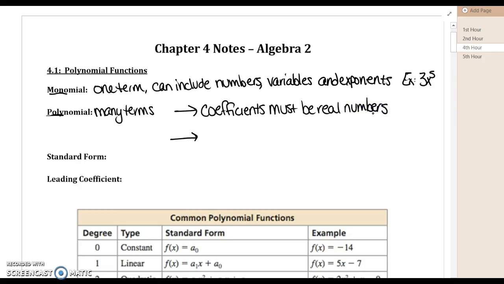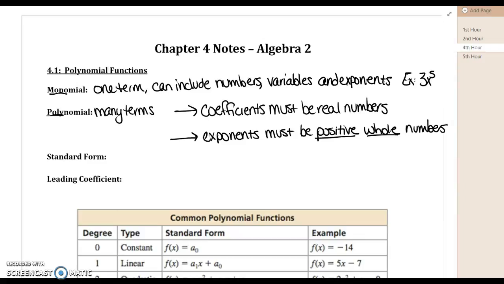The coefficients must be real numbers. And exponents must be positive whole numbers.